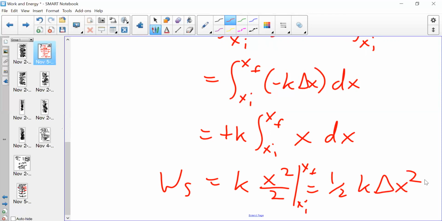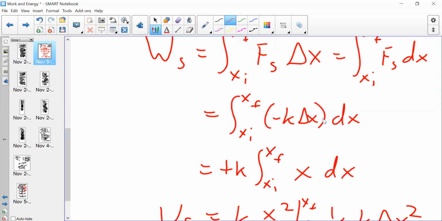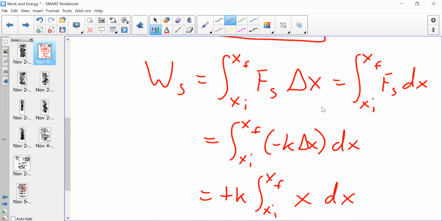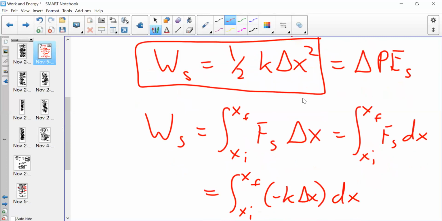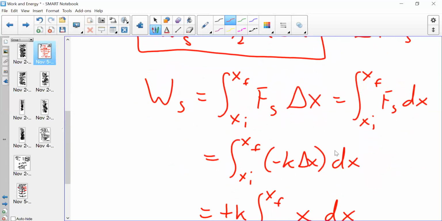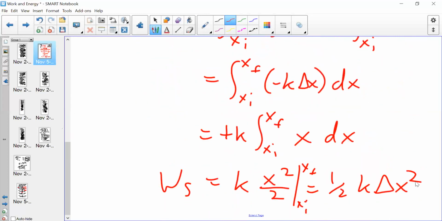So again, all that stuff here, don't worry about it. This is the formula for work done by a spring, 1/2 k delta x squared, but it's always nice to see where stuff comes from, even if we haven't had this background, right?